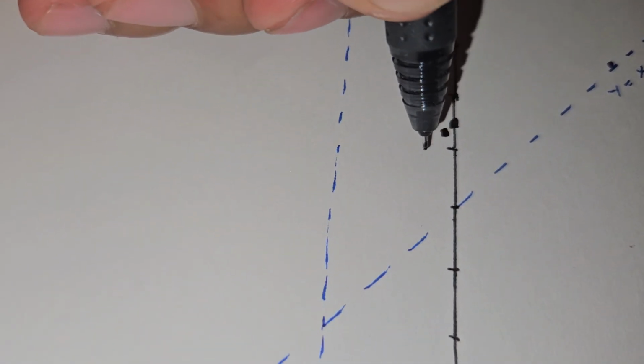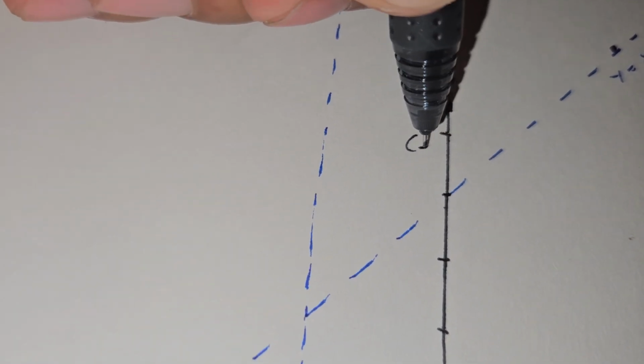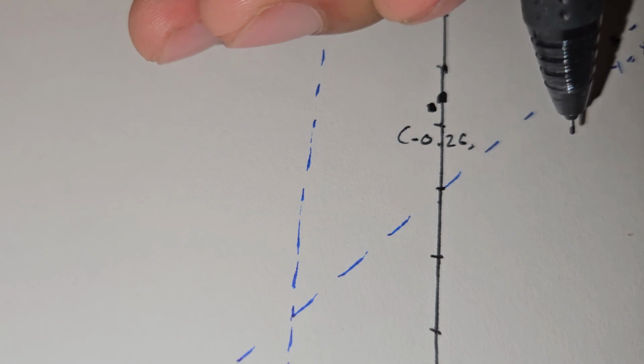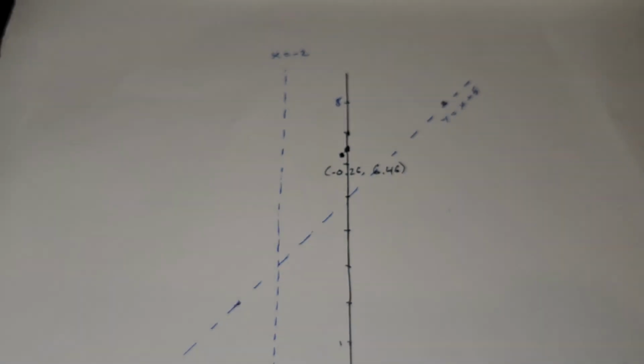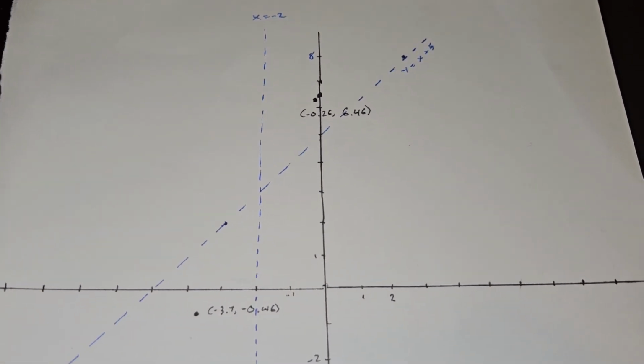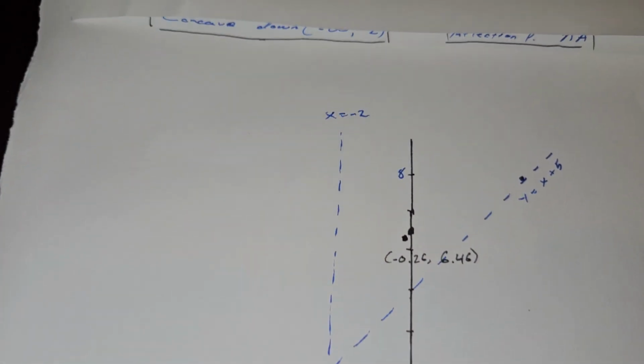Let's just label it -0.26 and 6.46. All right, so that's basically how we do that. That's our minimum and maximum.